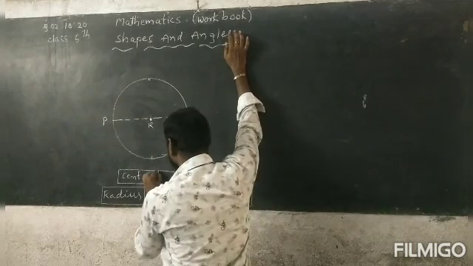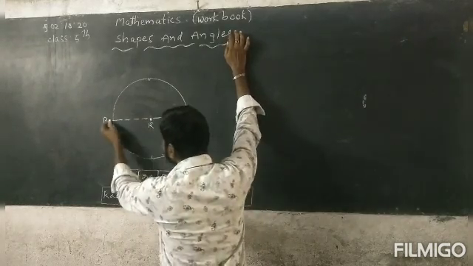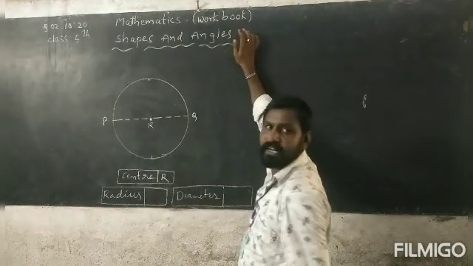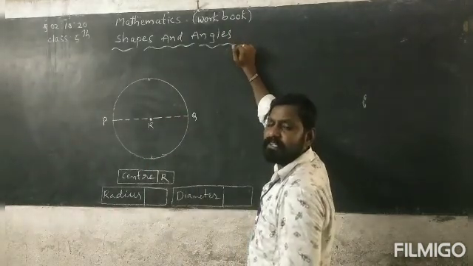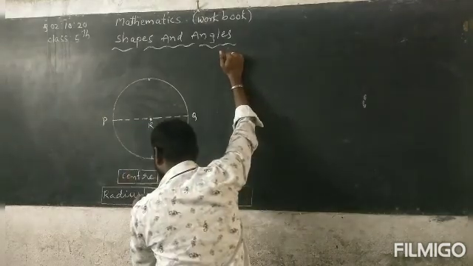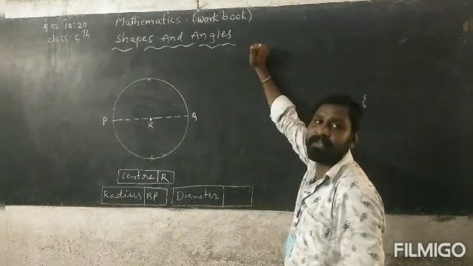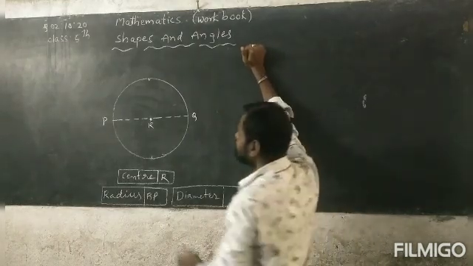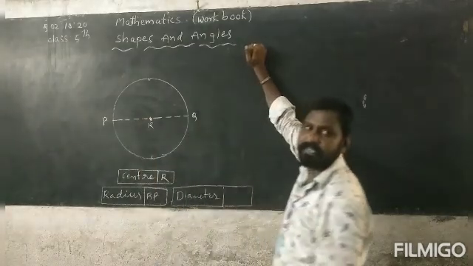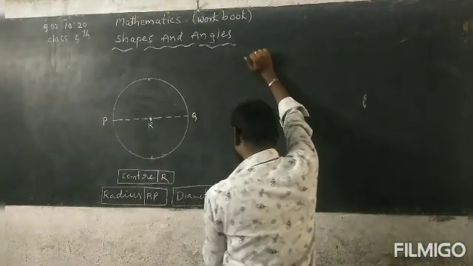Center means here R. Radius. Radius means RP is correct. And also RQ is correct. Diameter is equal to twice its radius. Now next, diameter. Diameter means the line segment that passes through the center point of the circle is called its diameter. Then you can write PQ.